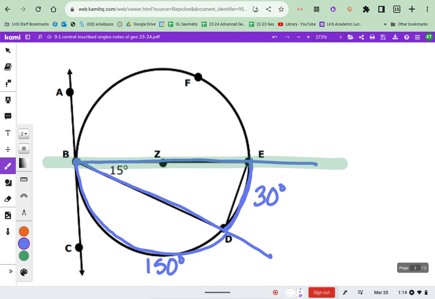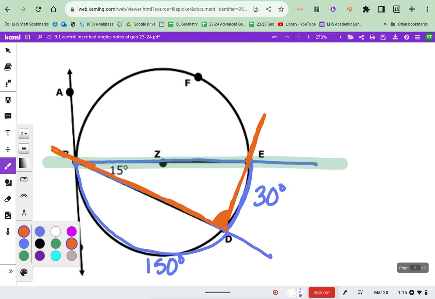Okay, let's see. Let's pick another angle we could find. I'm going to pick, let's solve for this angle down here. I'm going to trace out the angle arms of this one. So I'm tracing out the angle arms of that angle because I want to see where the arc is.